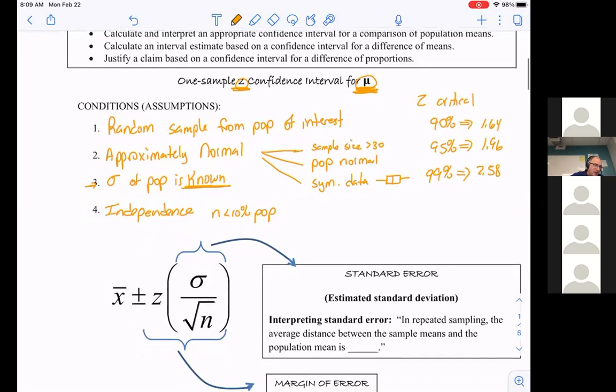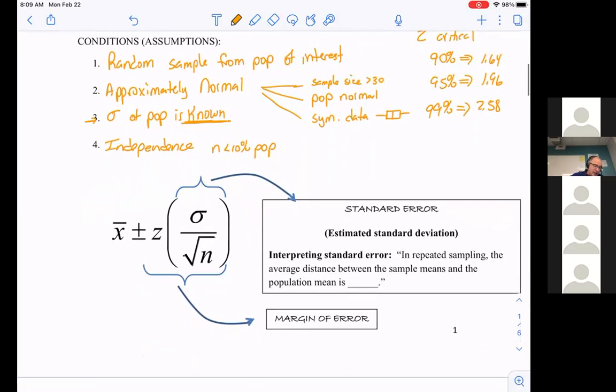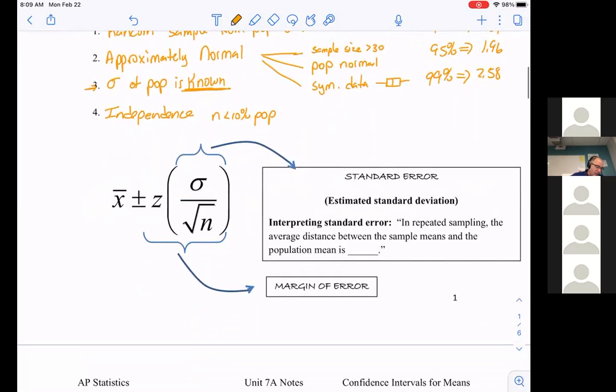Okay. All right. So again, in creating the confidence interval, remember, this is going to be my point estimate. My point estimate is also going to be my sample mean. Again, just defining everything.